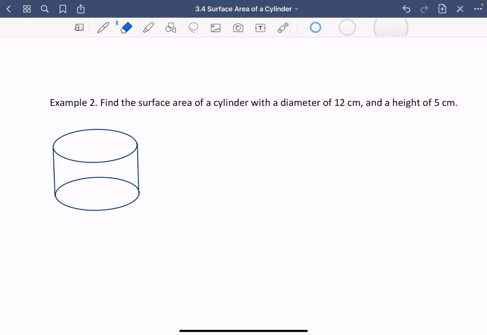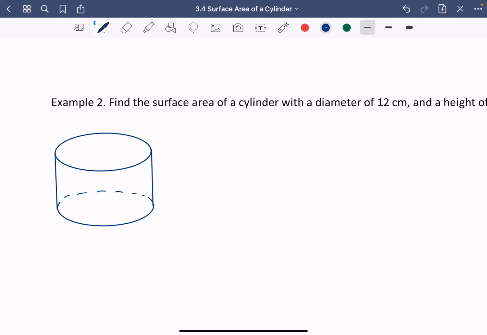Okay. So I use a dotted line here. That's because this line you can't really see. It's at the back.